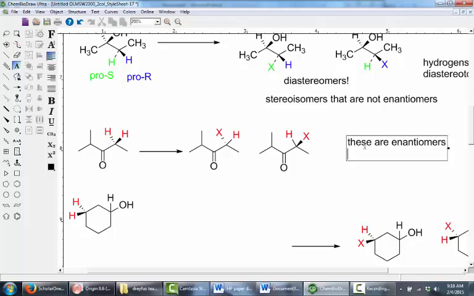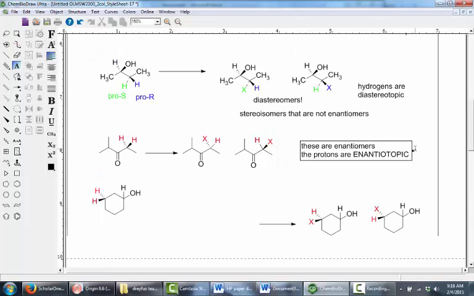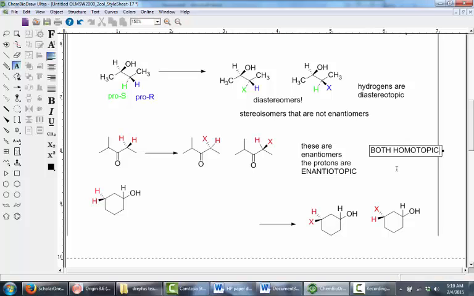The protons are enantiotopic. Enantiotopic protons give you only one signal in the NMR. So both homotopic and enantiotopic protons give a single NMR signal. Diastereotopic ones, in contrast, actually give us different signals.